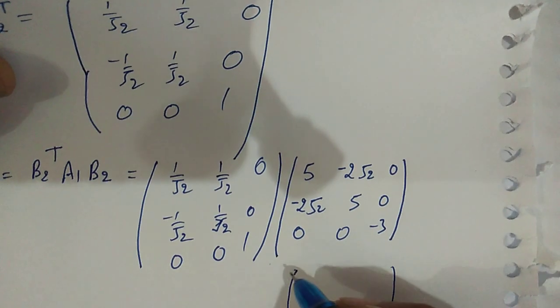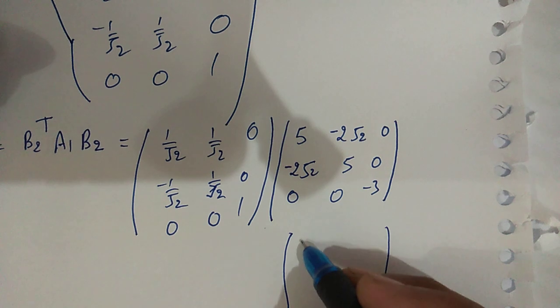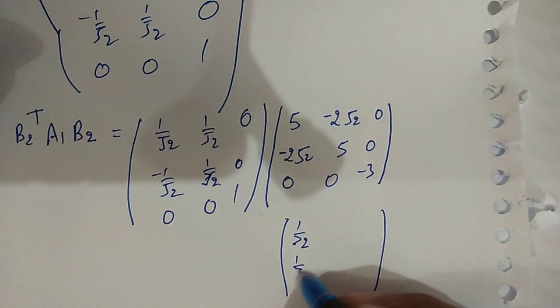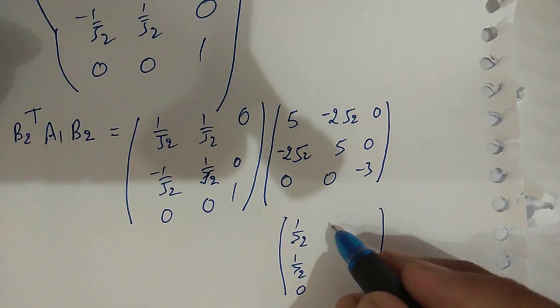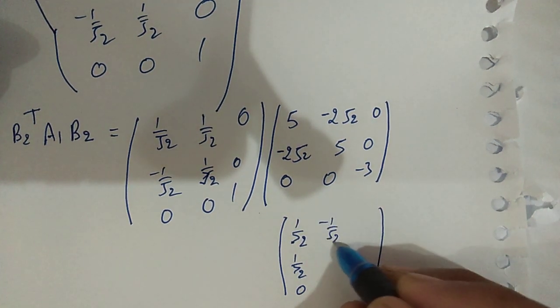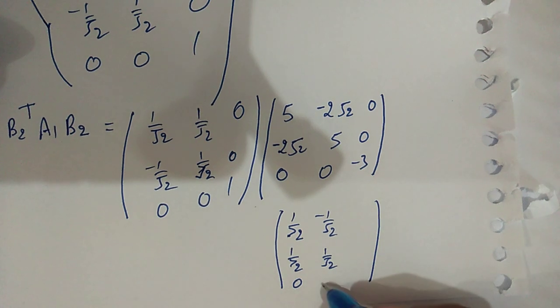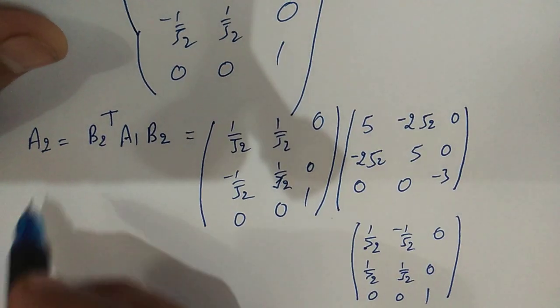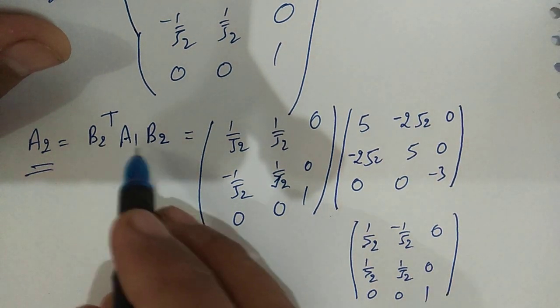So B2 matrix will be 1 upon root 2, 1 upon root 2, 0, minus 1 upon root 2, 1 upon root 2, 0, 0, 0, 1. So this is your A2, that is the B2 transpose A1 B2.